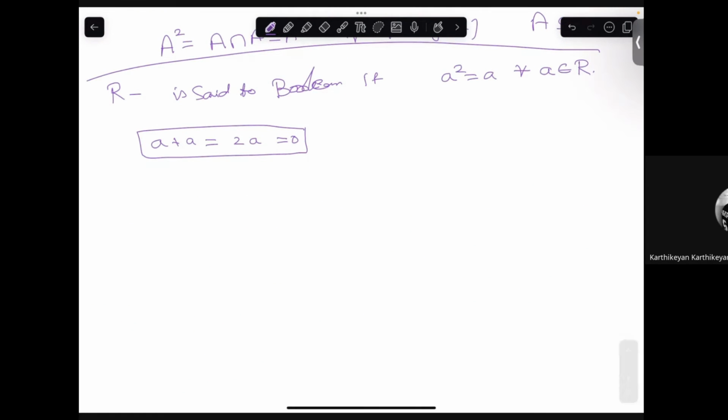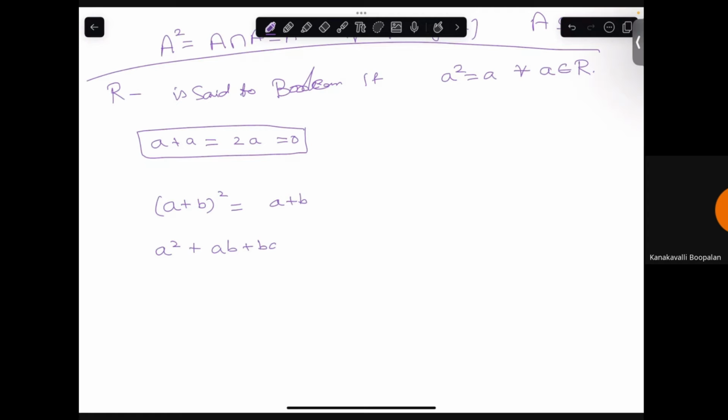Let's see. A plus B, the whole square, is (A plus B)(A plus B), right? That's what anything square is, same thing. But what is this? This is A squared plus AB plus BA plus B squared.